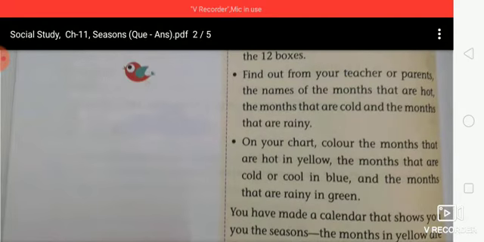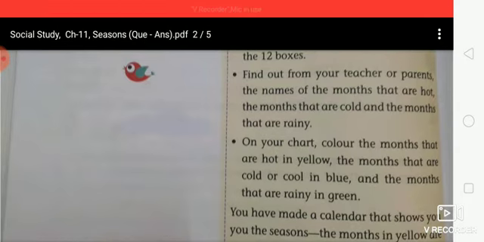On your chart, color the months that are hot in yellow. That means April, May and June are colored in yellow. The months that are cool, color in blue.